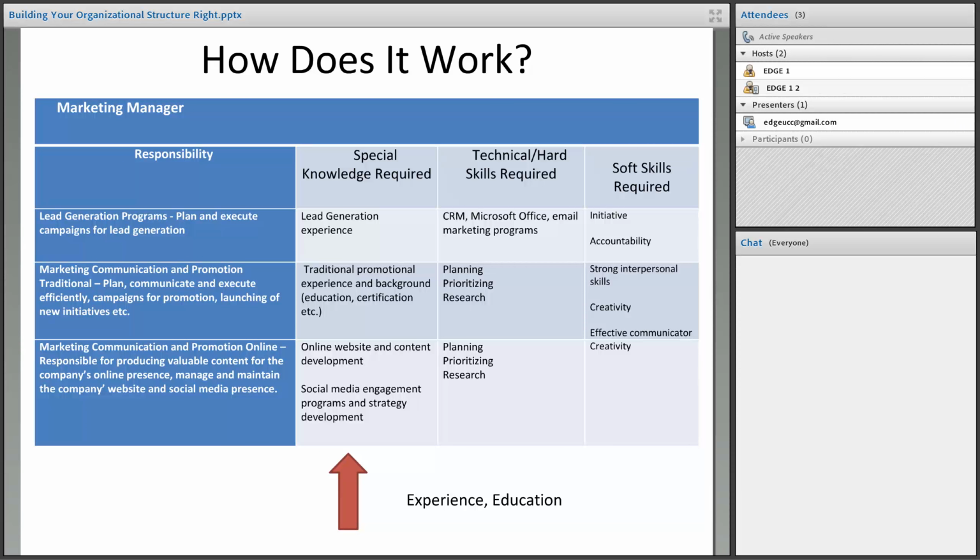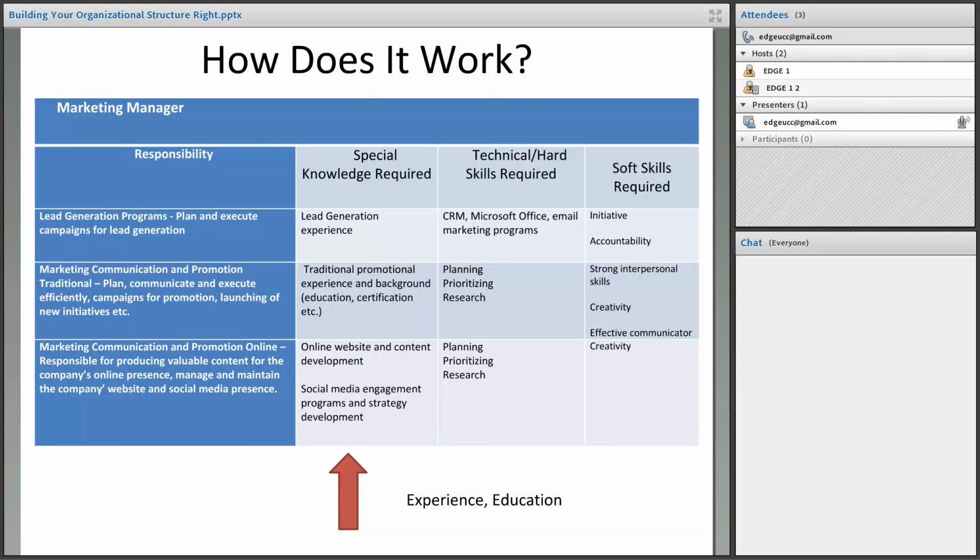And what are the soft skills that I require? I require this individual to have initiative, and I want them also to be accountable. So now I'm starting to formulate what I'm going to need in terms of knowledge, skills, hard and soft, for this particular individual. It's going to be easier for me to create a posting once I've completed this, because then I'm going to summarize based on what my chart tells me.